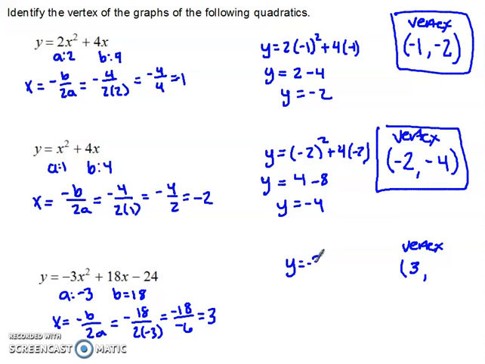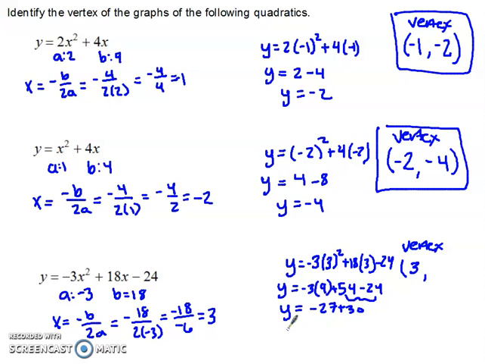Y equals negative 3 times 3 squared plus 18 times 3 minus 24. So y equals negative 3 times 9 plus 54 minus 24. Negative 27, and I'm going to add these two to get plus 30. And y is positive 3. So my vertex is at the point 3, 3.